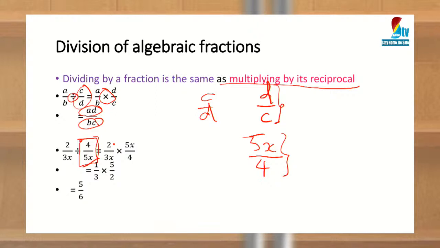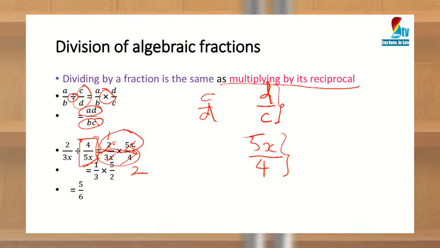Then remember the rules of multiplying fractions. We multiply the numerators together and also the denominators together. Remember, I have mentioned that you need to simplify before you multiply. 2 can go into 2 once, 2 can go into 4 twice, and this x can cancel out this x.